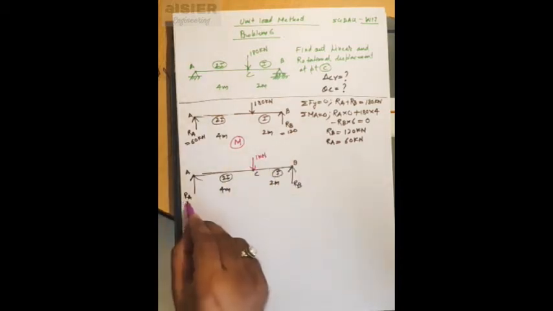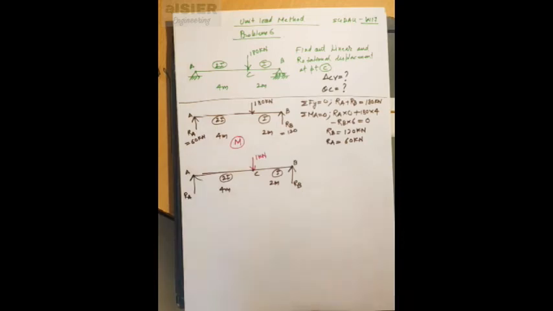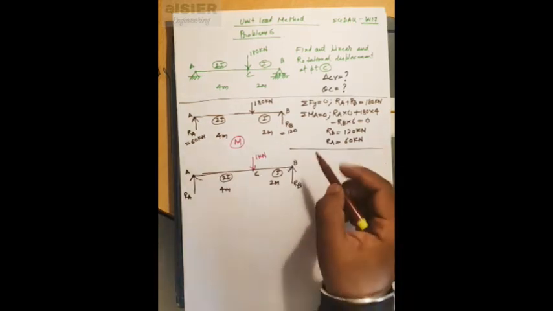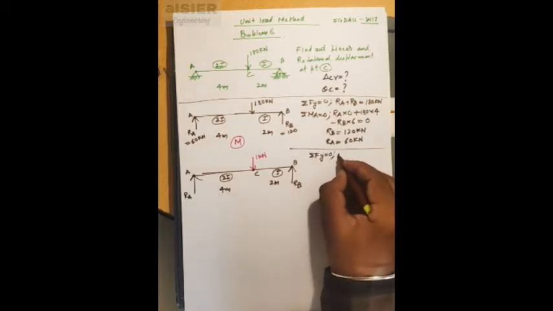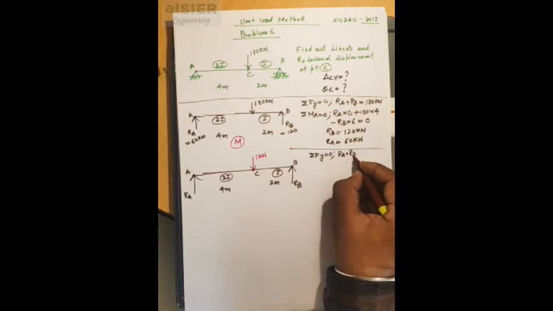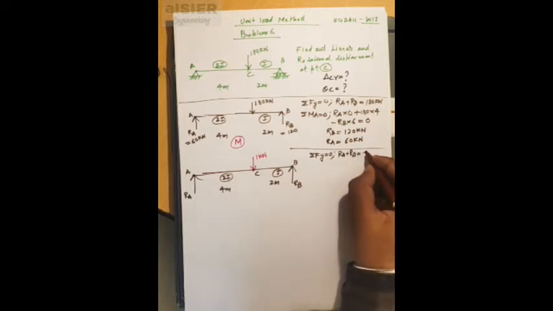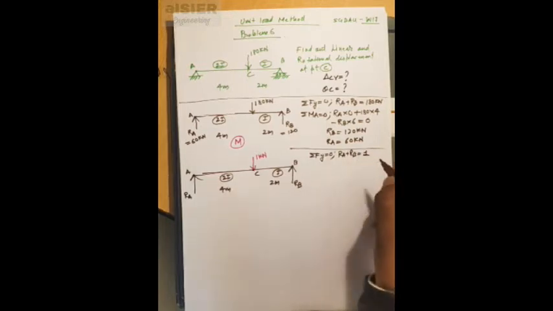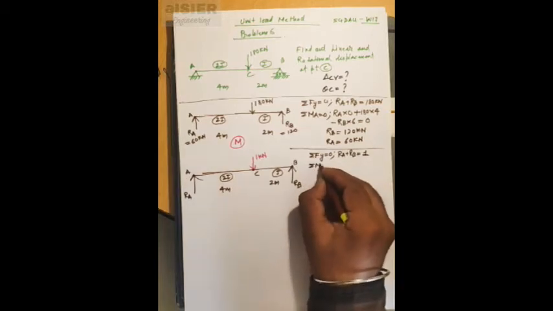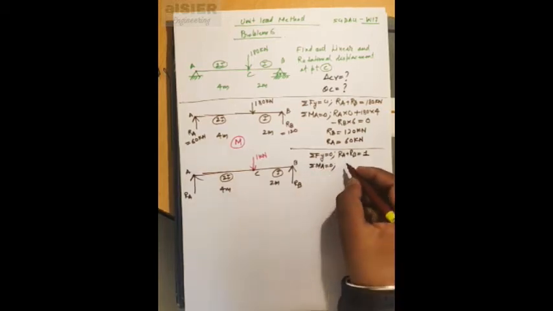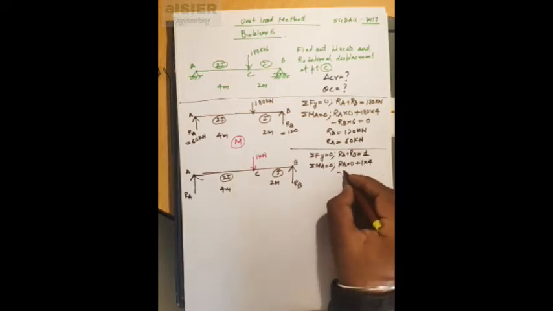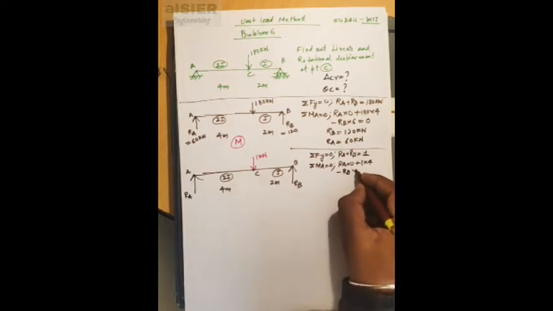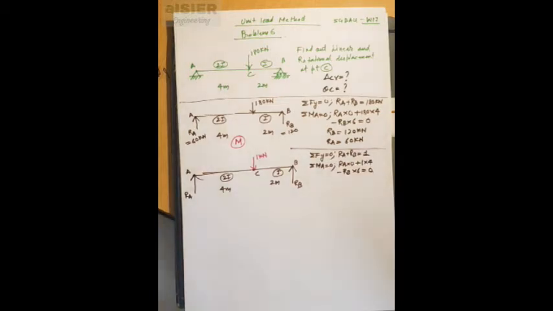Now due to this 1 kilonewton, what will be the reactions? We will calculate it. So again, summation of Fy is equals to 0. Ra is going upward plus Rb is going upward, and 1 kilonewton is going downward, so 1. Then summation of moment at A is equals to 0. So Ra into 0, 1 kilonewton is going clockwise, so 1 into 4 minus Rb is going anti-clockwise, so Rb into 6 is equals to 0.